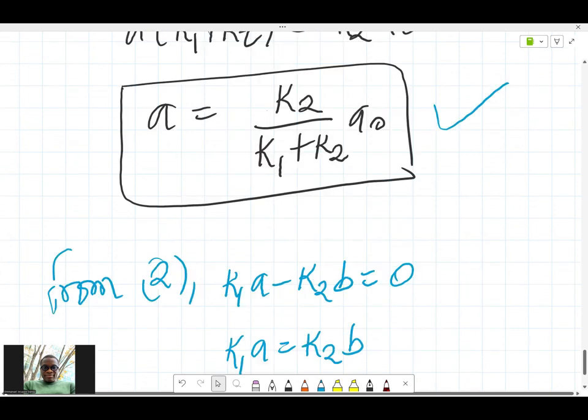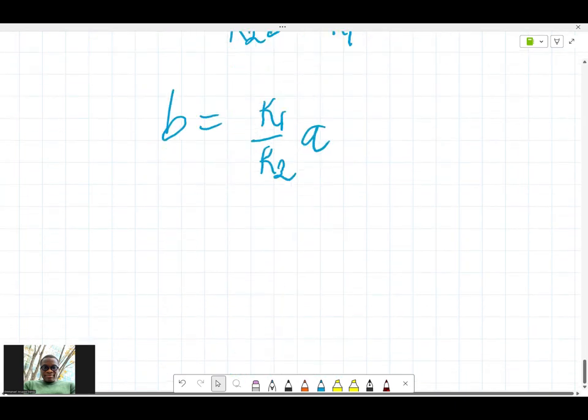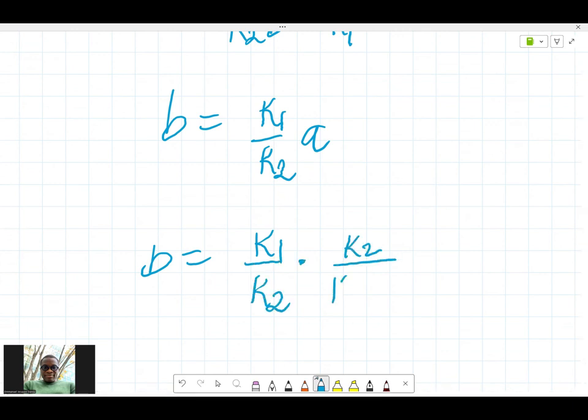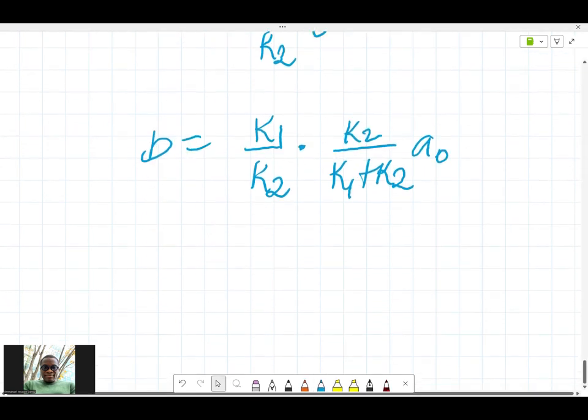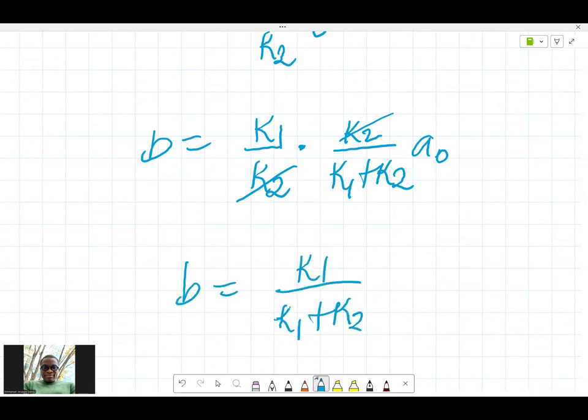So we have B to be K1 over K2 times K2 over K1 plus K2 times A0. So K2 cancels K2, and B is equal to K1 over K1 plus K2 times A0.